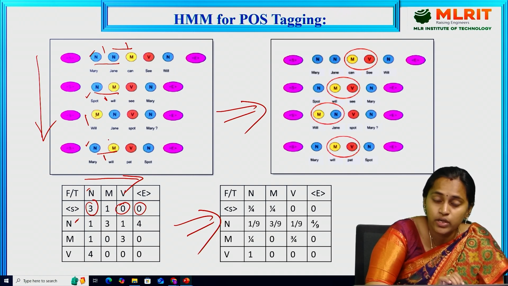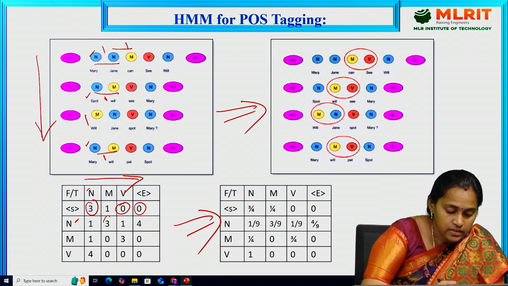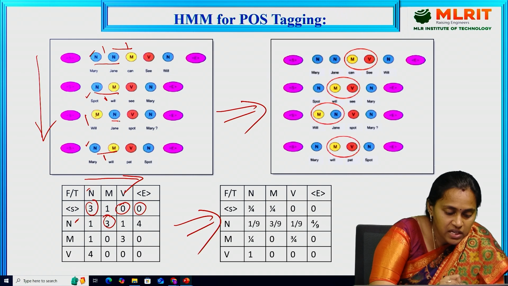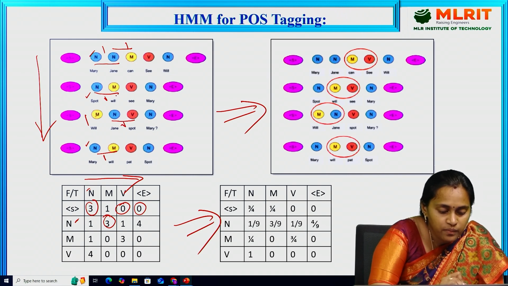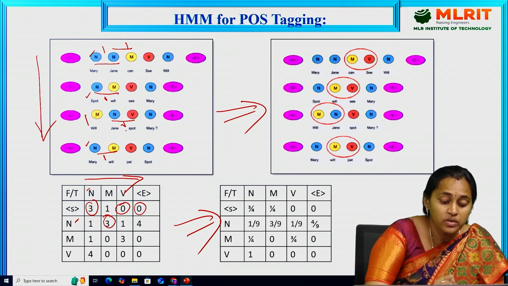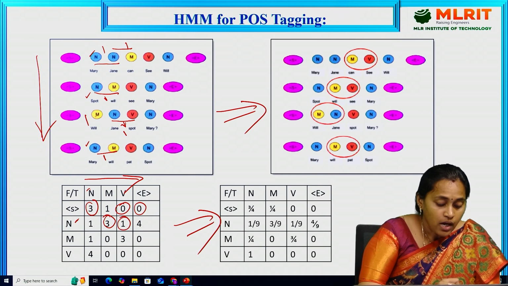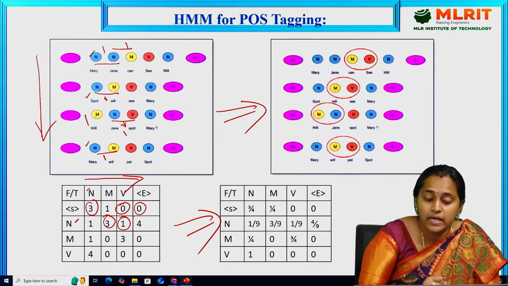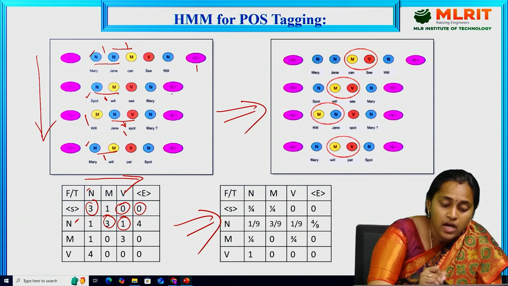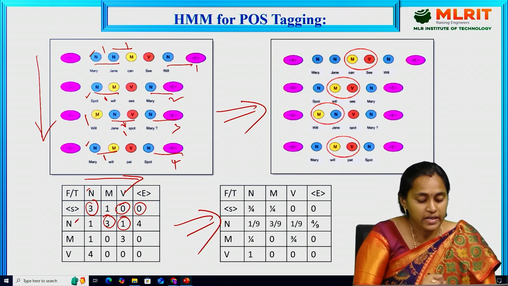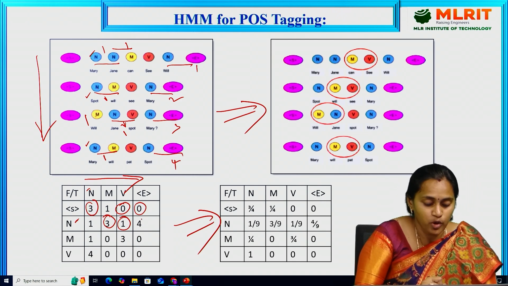I am finding only noun followed by modal. Noun followed by verb is only 1 time, and there is no other chance. So this is 1. Next, noun followed by the end tag: 1, 2, 3, 4. This is how we are calculating the transition probabilities in a tabular format.